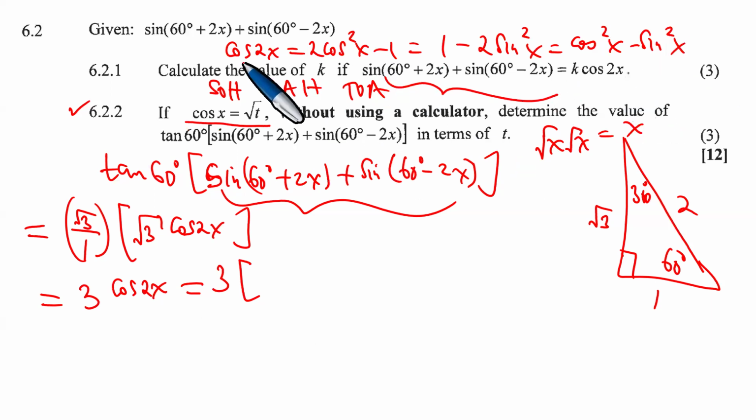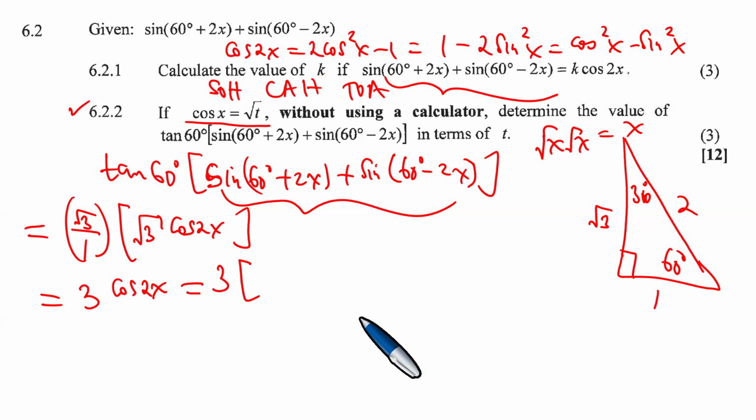So for cosine 2x, we can choose here. Which one would be the best one to use? The most preferable?